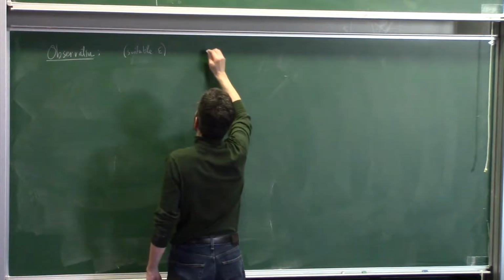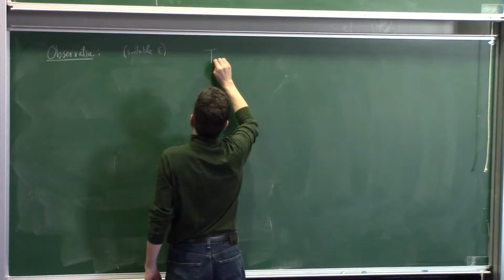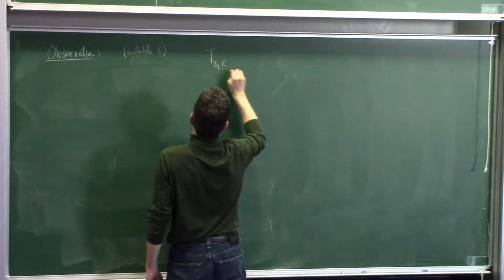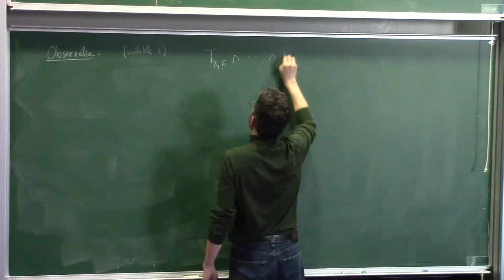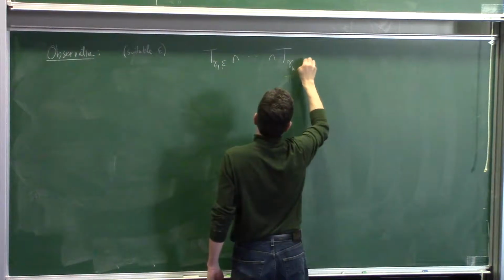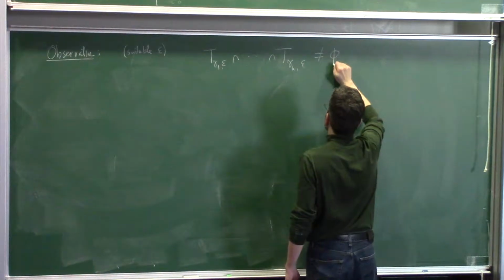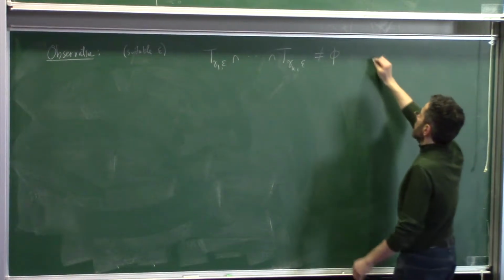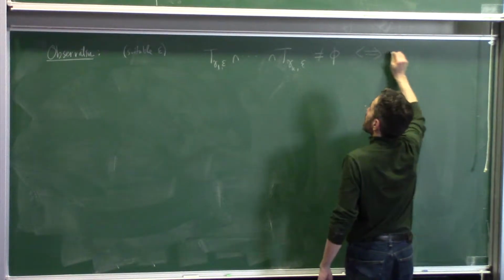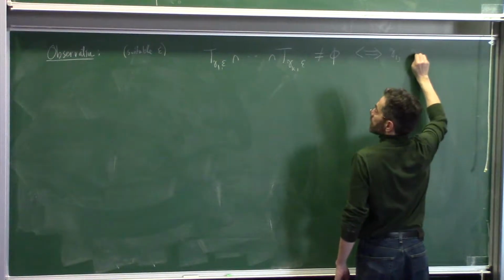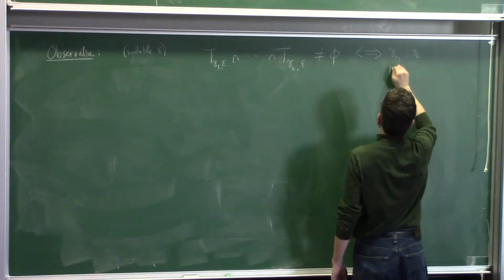If you take a bunch of these regions, say T gamma 1 epsilon through T gamma k epsilon, this intersection is non-empty if and only if gamma 1 through gamma k are pairwise disjoint.